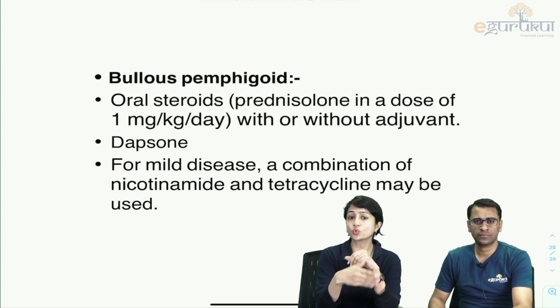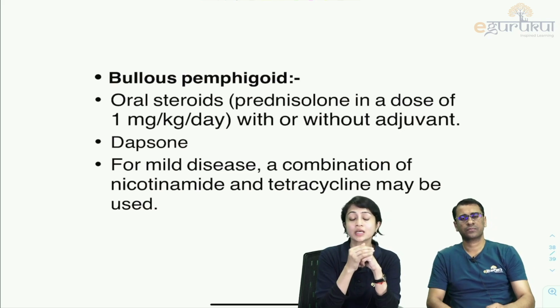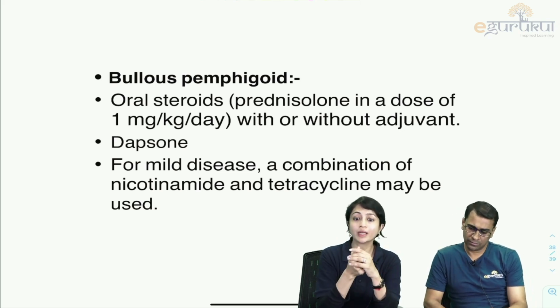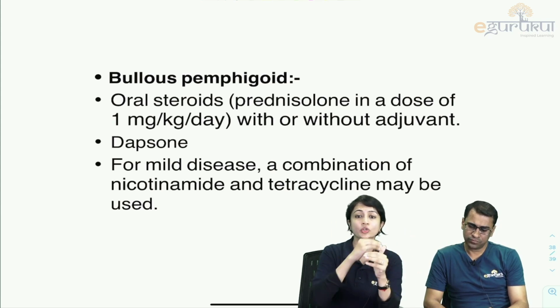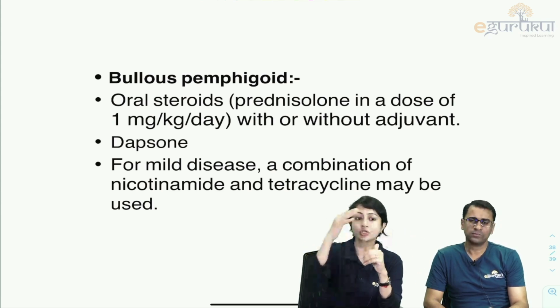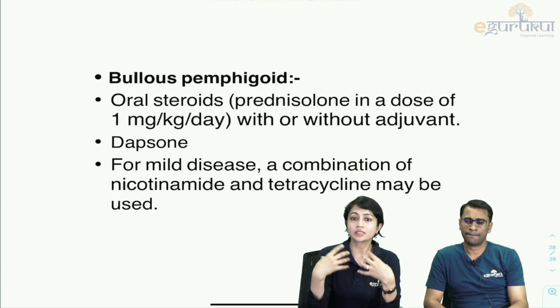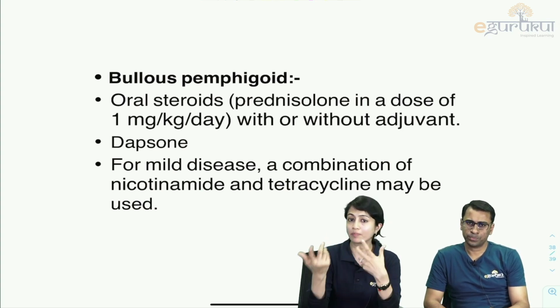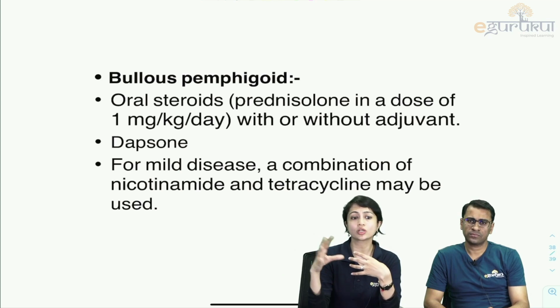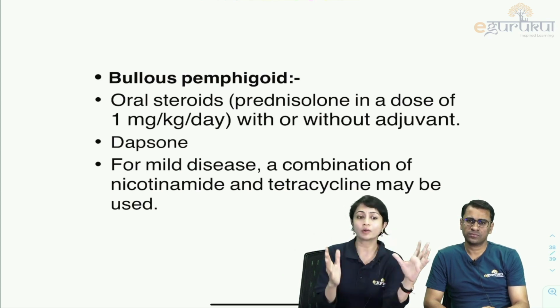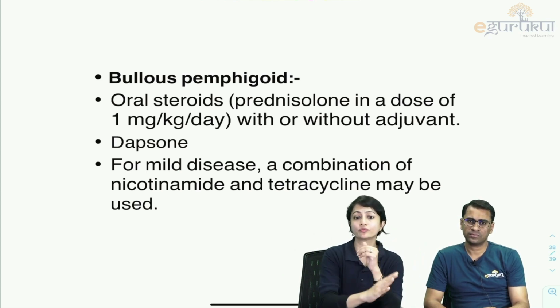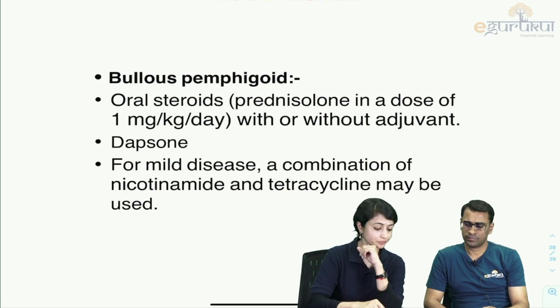Apart from that, you can use all the other adjuvants that we discussed, and you can also use nicotinamide and tetracyclines here. Otherwise, you have to give antibiotics and manage the crusting and the infection, so that the patient does not develop a secondary infection. So there is a lot in the treatment aspect, but broadly, for your exam point of view, this is what is asked.